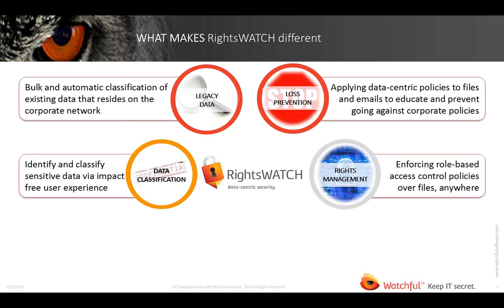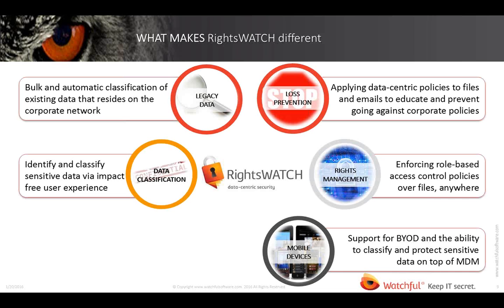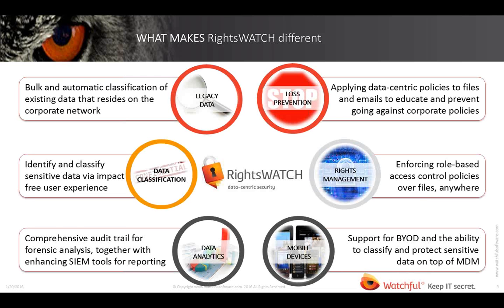We are able to enforce role-based access control policies anywhere in the corporate network. We can even support BYOD and are able to classify and protect data on top of mobile device management tools. And finally, we can leverage security information and event management tools for audit trails and forensic analysis.